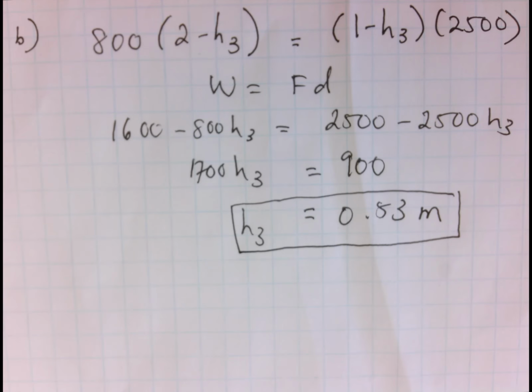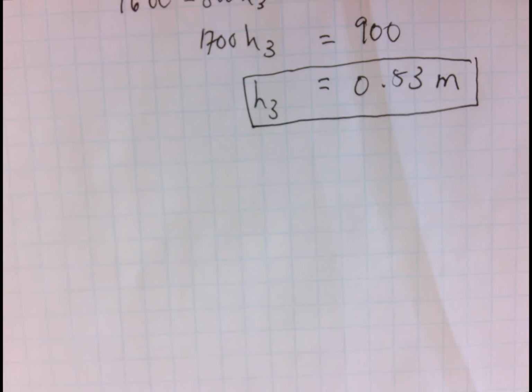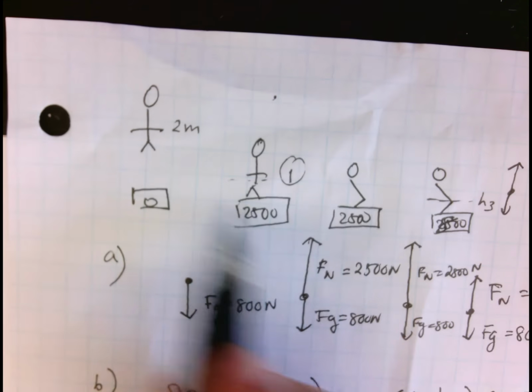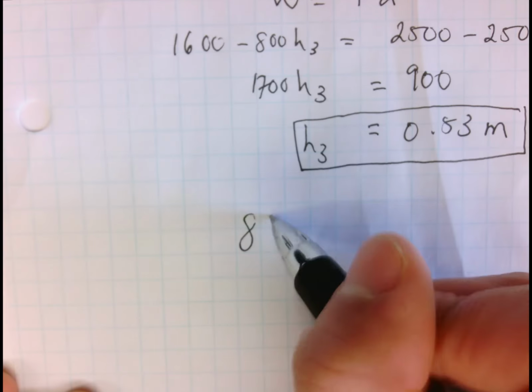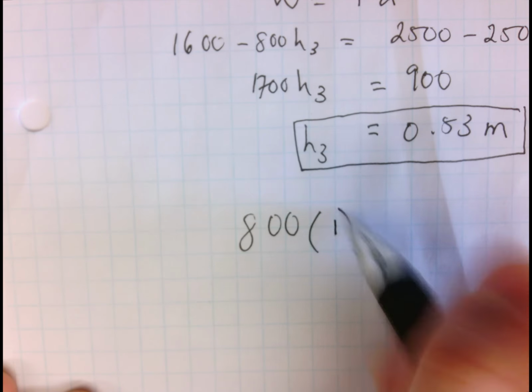Yep. So there's also a faster way that doesn't require as much algebra, but it's basically the same thing. So going from the first scenario to the second scenario, there's the force of gravity, which is 800 newtons, which acts for a total of 2 minus 1 meters, which is just 1 meter.